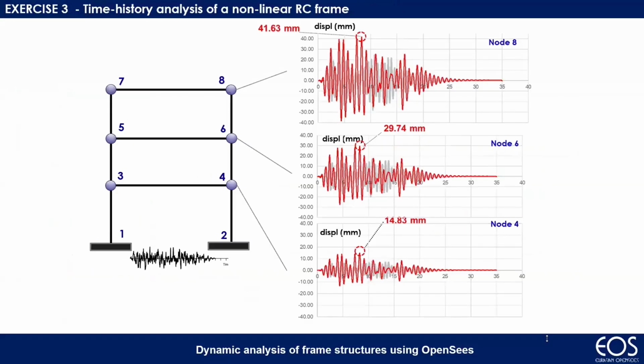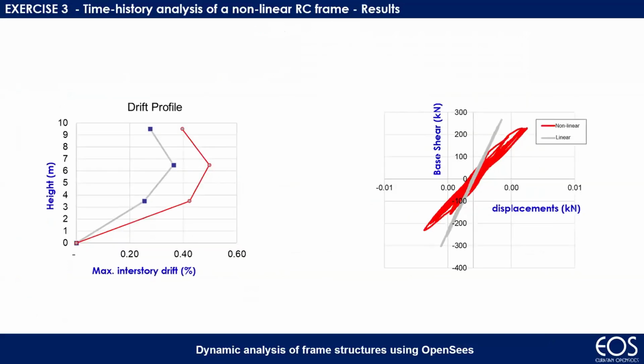For example, we can compare the displacement history of some nodes. Gray is the previous one, red is the nonlinear one. We can compare the drift profile. We can compare force-drift plots.